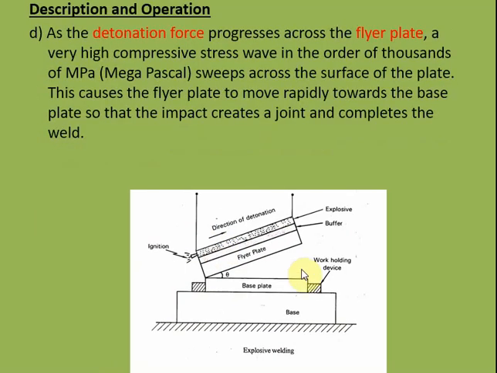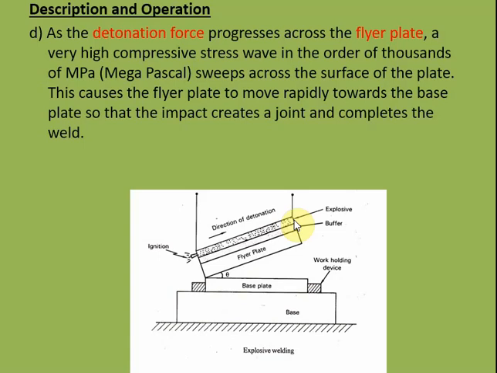Once the setup is ready, we will fire the explosive material from one corner. Usually it starts from one corner. Even from one edge also we can detonate. We never explode the entire layer simultaneously. It will start from one point and it will propagate to the other point.